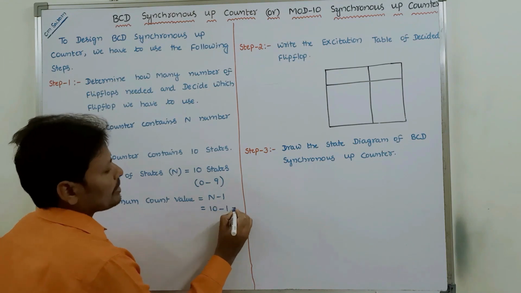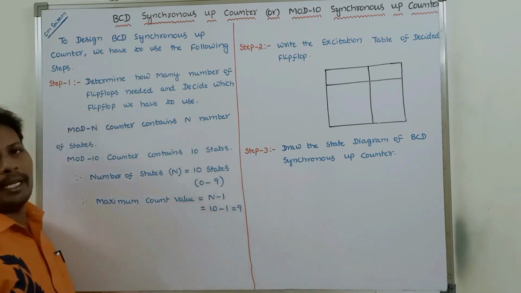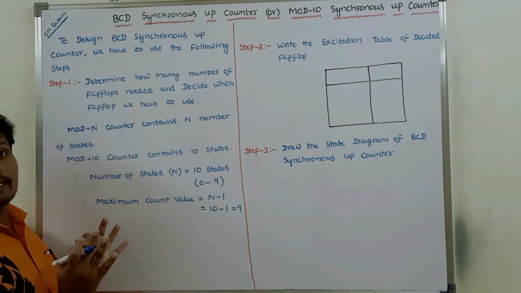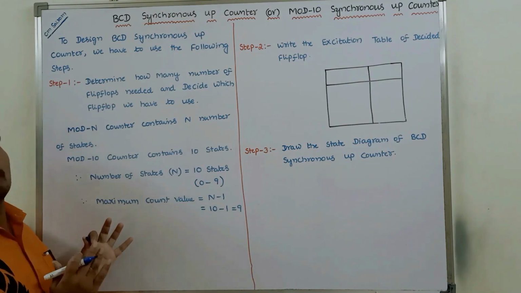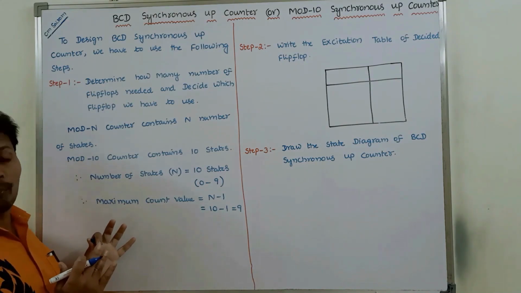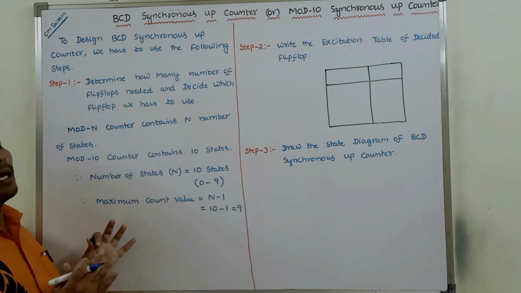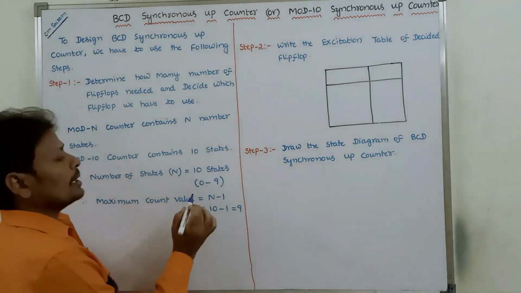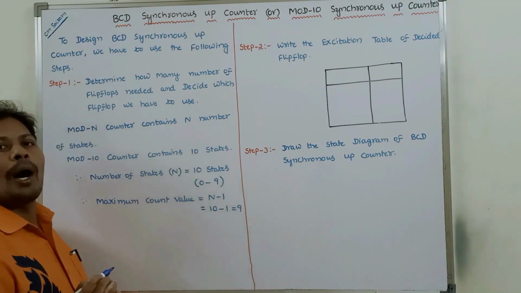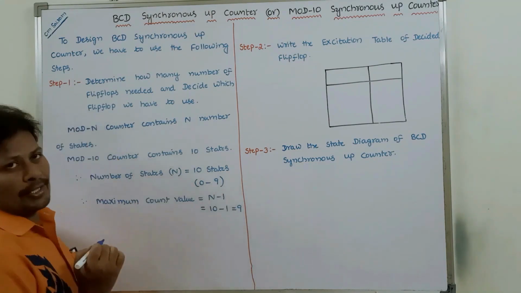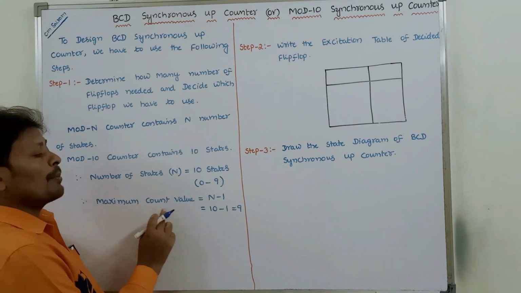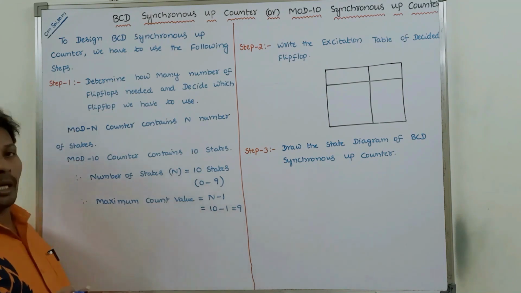So 10 minus 1 is equal to 9. Total 10 states are present in BCD Synchronous Up Counter or Mod 10 Synchronous Up Counter, starting with 0 and ending with the 9 state, because the maximum count value is equal to 9.